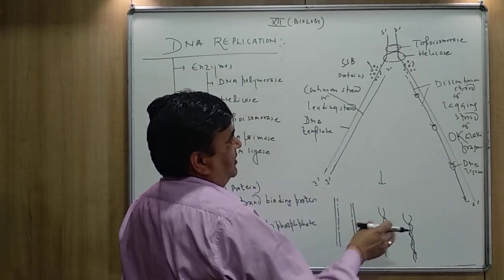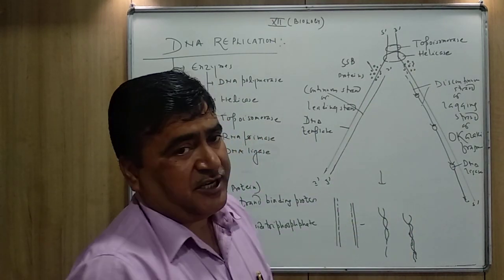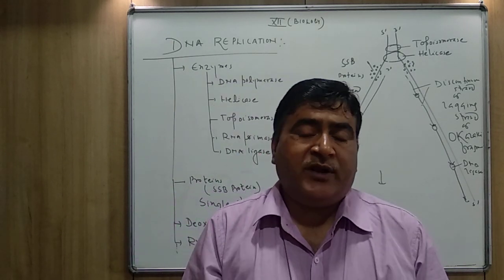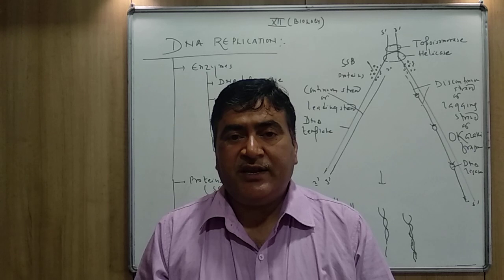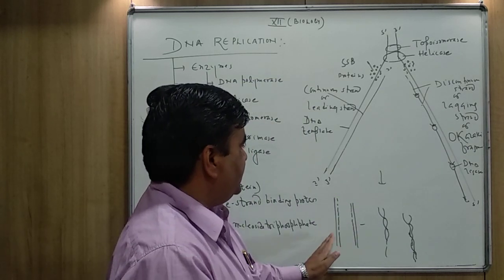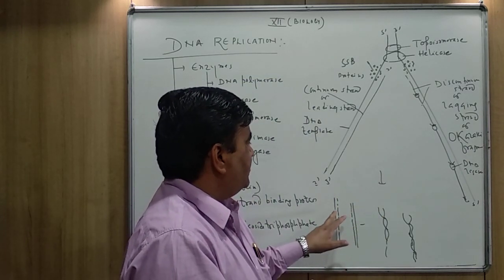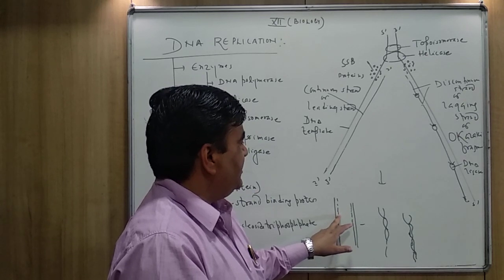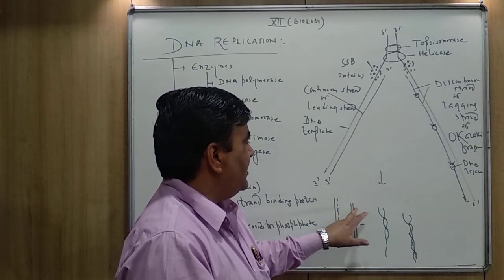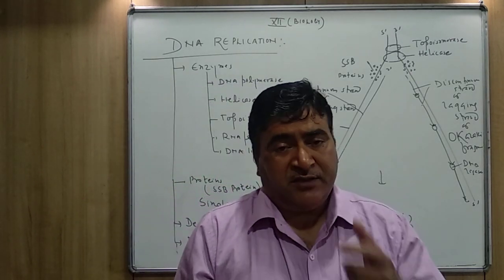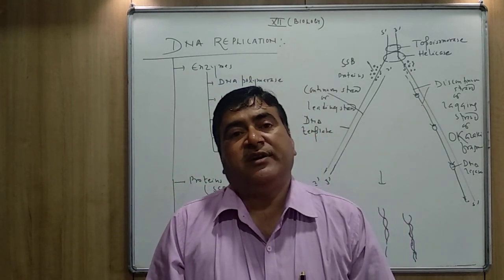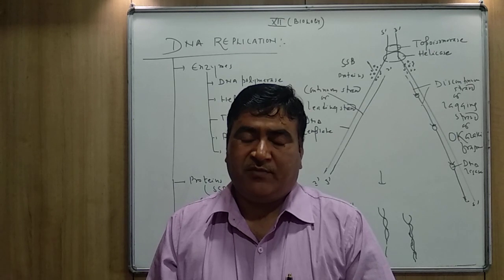So one DNA molecule gives rise to two new DNA molecules, and this is called DNA replication. As you have observed, one strand is old and the other is new, and thus this is the semi-conservative mode of DNA replication.